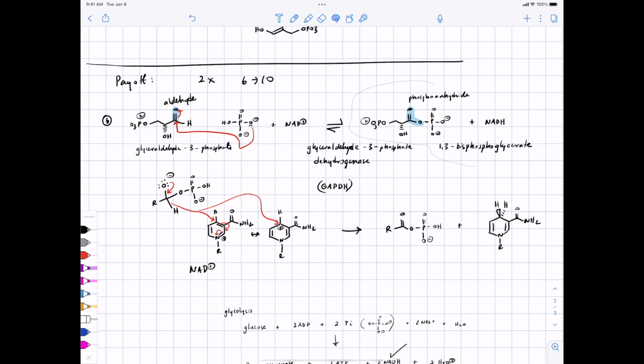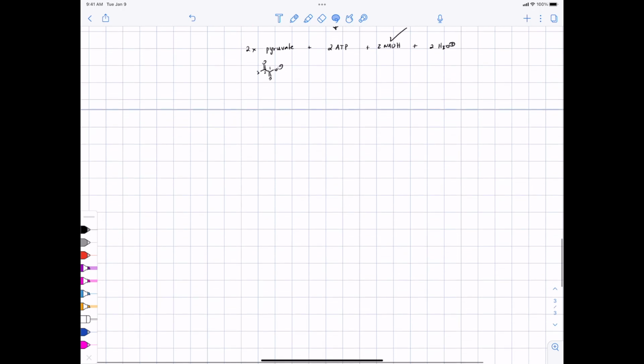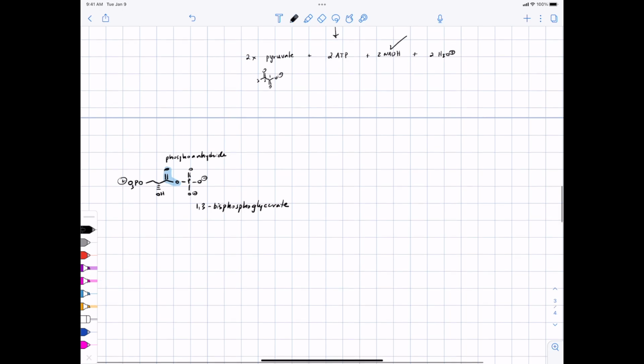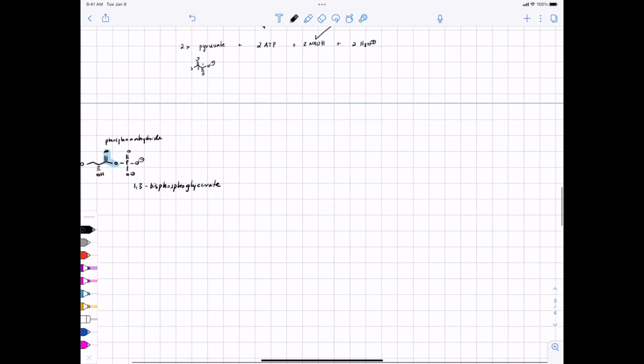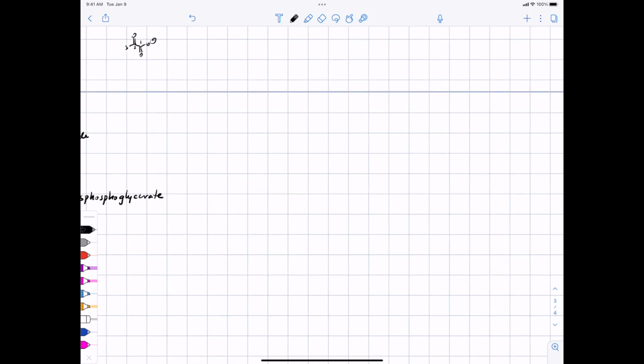And we're going to focus in on this phosphoanhydride bond that we got by oxidation. Because remember, and this is step 7 of glycolysis, that in ATP, the bond between the gamma and beta phosphates is also a phosphoanhydride bond.